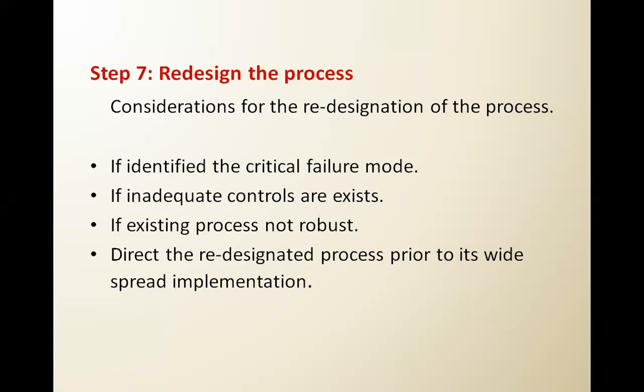Considerations for redesigning the process: if a critical failure mode is identified, if inadequate controls exist, or if the existing process is not robust, redesign the process prior to its widespread implementation. So we redesign for all these problems.